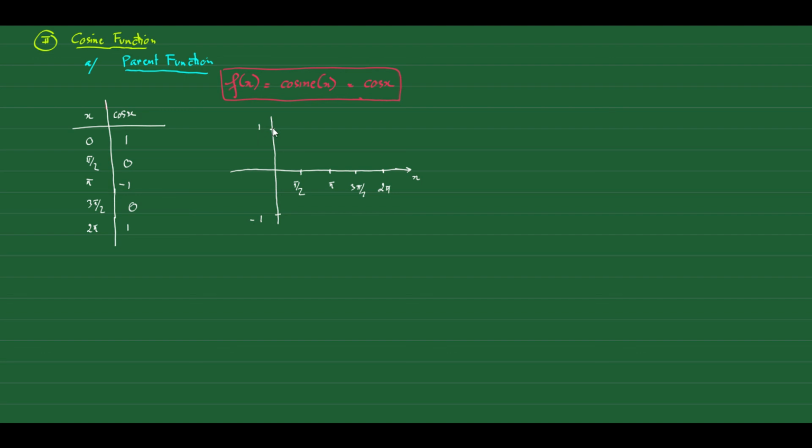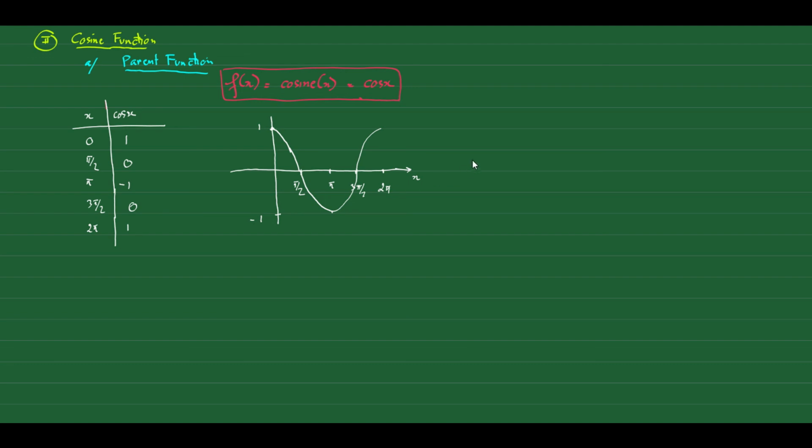At 0 we start from the top, and at pi we go all the way down, then back up. Here you go, this is the sketch for one revolution of the cosine function.